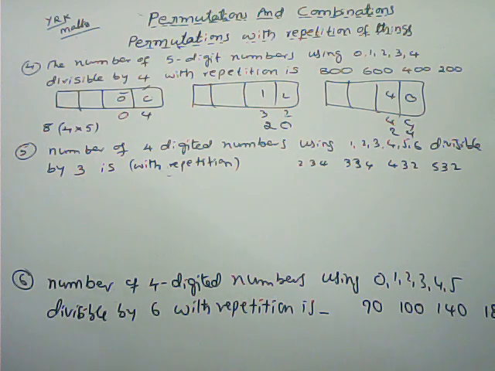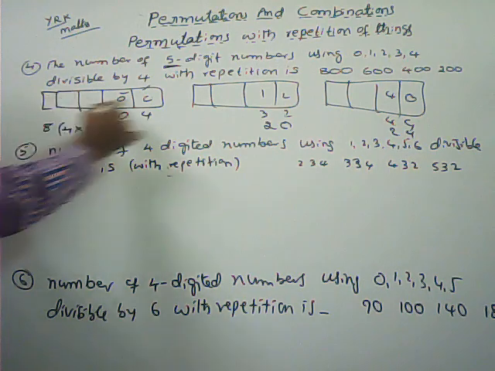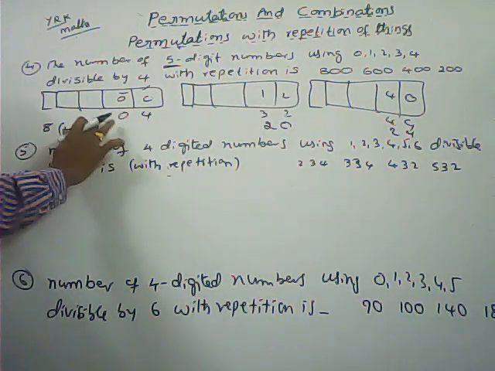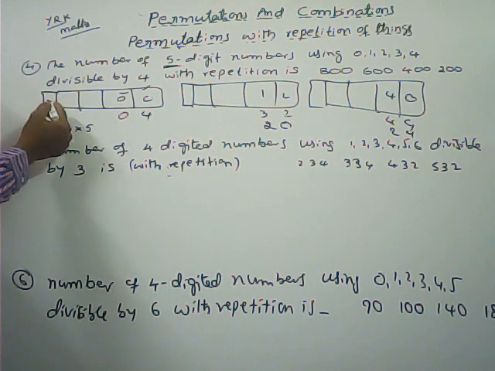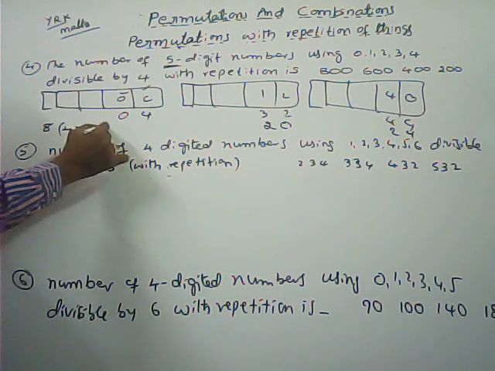Total 8 into 4 into 5. Sorry, here they are asking 5 digit numbers. One more you can keep. So first blank place 4 ways, second one 5, third one 5.